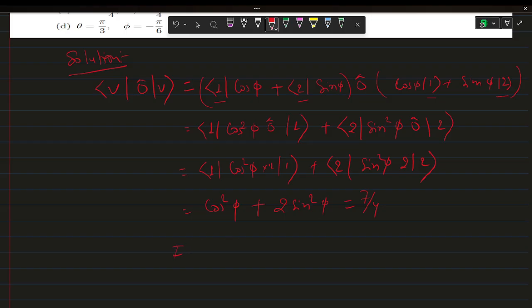And we know cos²φ + sin²φ is equal to 1.